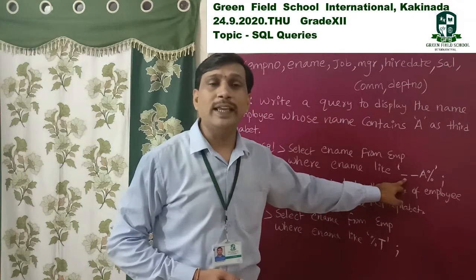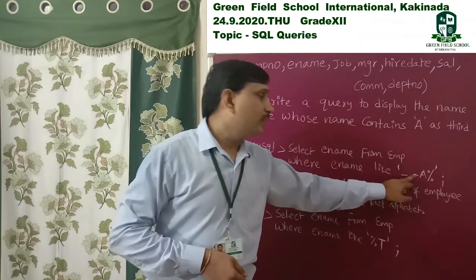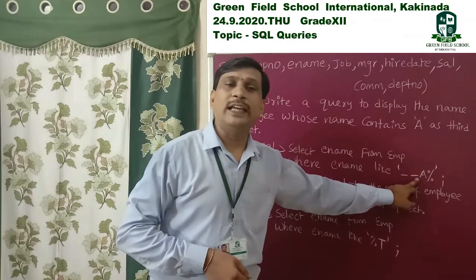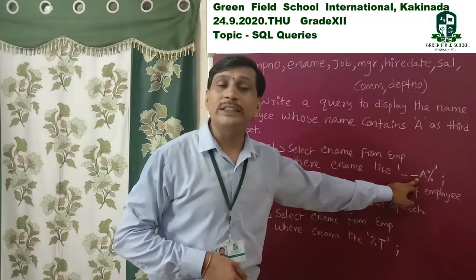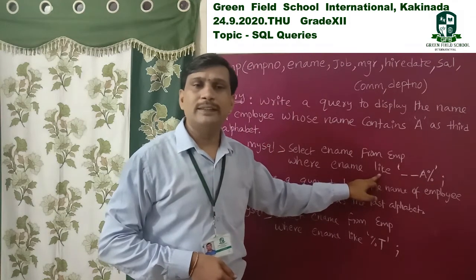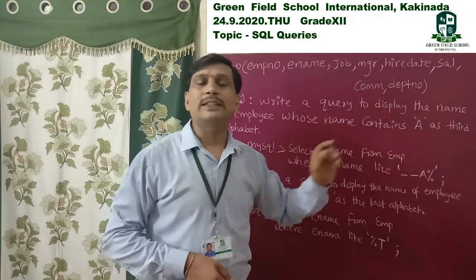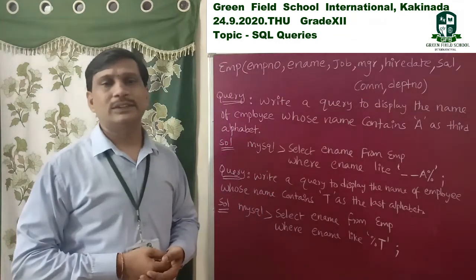It replaces any character, but only one character. See this one also, the second time we apply underscore. Underscore means wildcard character. When we are using the like operator, underscore and percentage, these two are called wildcard characters.